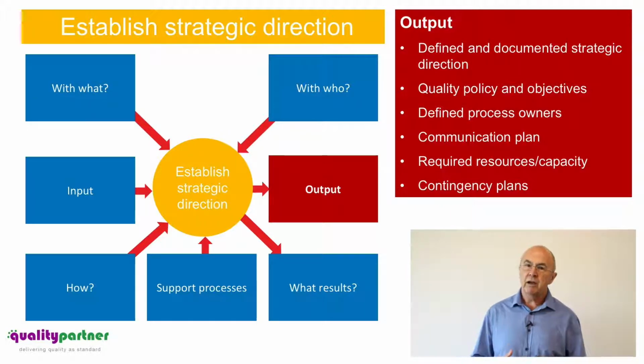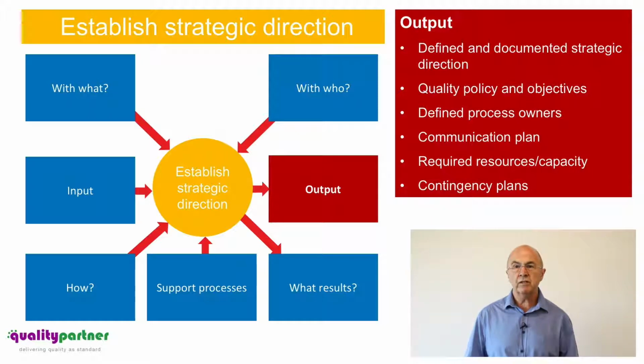One of the outputs of establishing the strategic direction should be making sure that we have got the required resources and capacity to make sure that we can meet customer requirements, and that we have got clearly defined contingency plans in the event of potentially things going wrong. I've mentioned in previous presentations that contingency planning has been significantly strengthened within IATF 16949-2016.